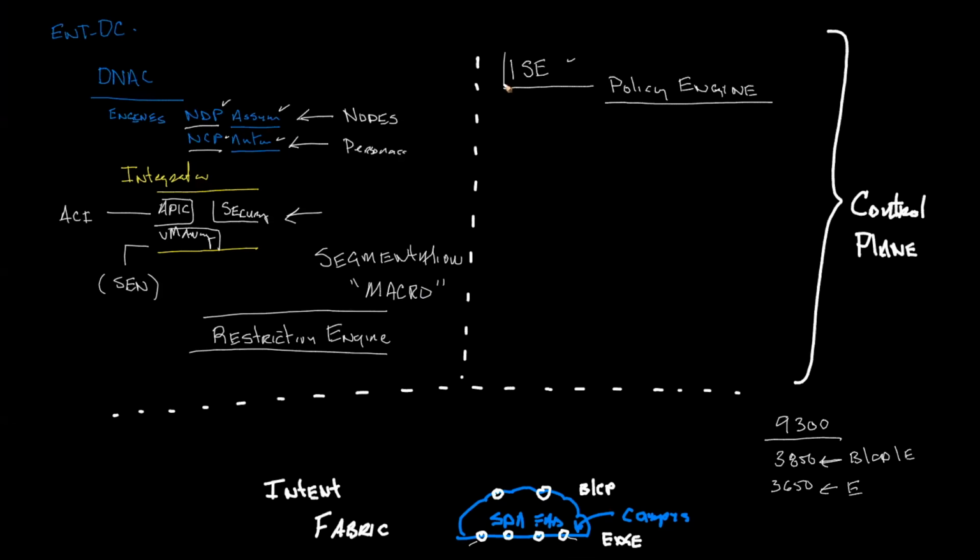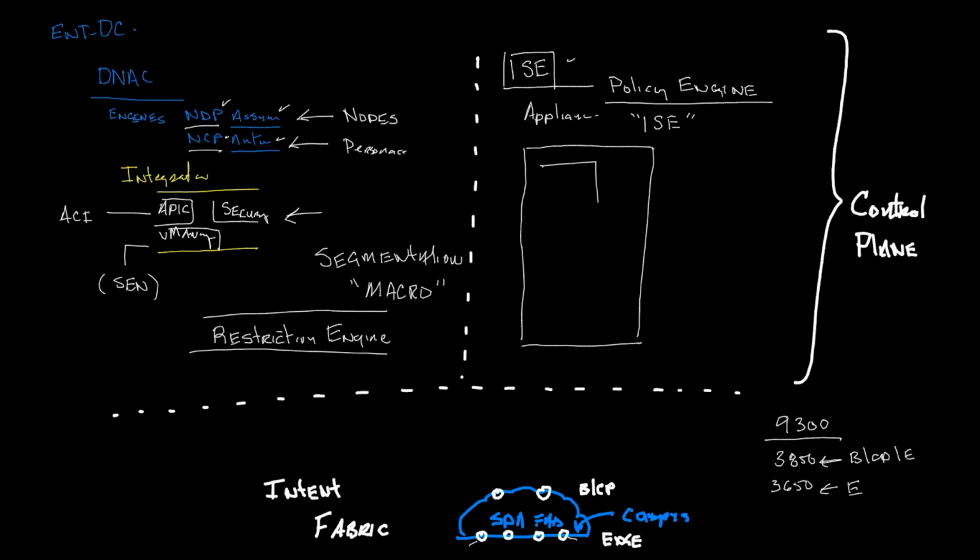And Cisco offers, and there are other vendors out there that offer, the identity service engine functionality, what we call the ISE. But Cisco has their own, and it just so happens to be called ISE. And it too is made up of a number of engines. In fact, if I were to draw a single ISE appliance, what I would find is it's going to be made up of a number of engines.